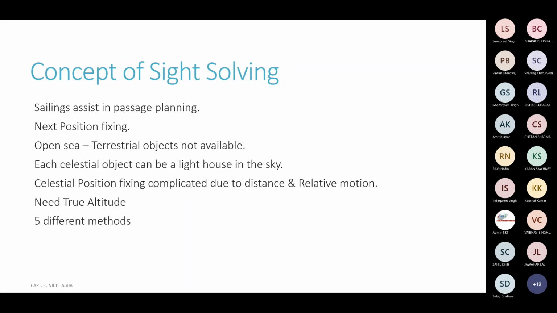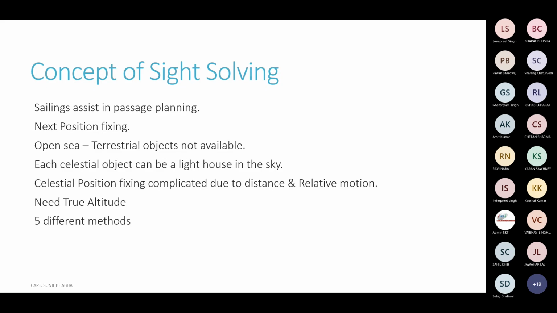Now there are a total of 5 different methods available to us, which can be used in different scenarios and conditions to fix the position of the ship. The first and simplest one is latitude by meridian altitude, also known as MARPAS. Second, longitude by chronometer. Third, intercept. Fourth, ex-meridian method.